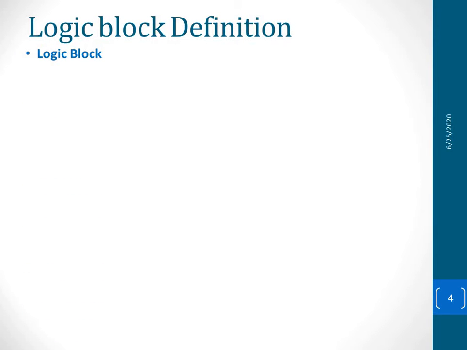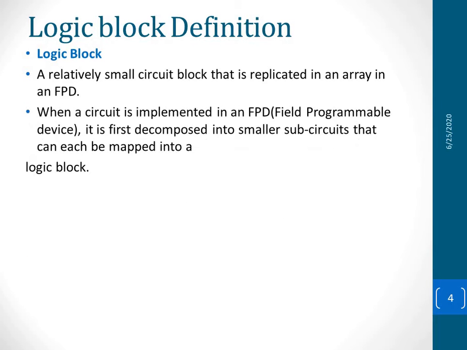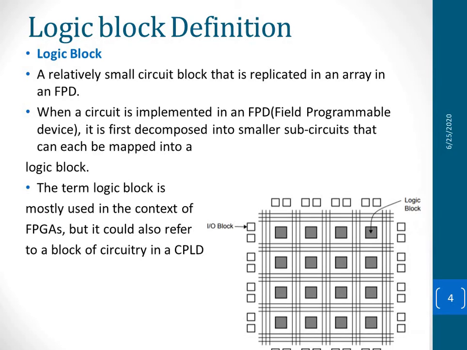First, see the definition of logic block. The logic block is a relatively small circuit block that is replicated in an array in an FPD, that is field programmable device. When a circuit is implemented in a field programmable device, it is first decomposed into smaller subcircuits that can each be mapped into a logic block.